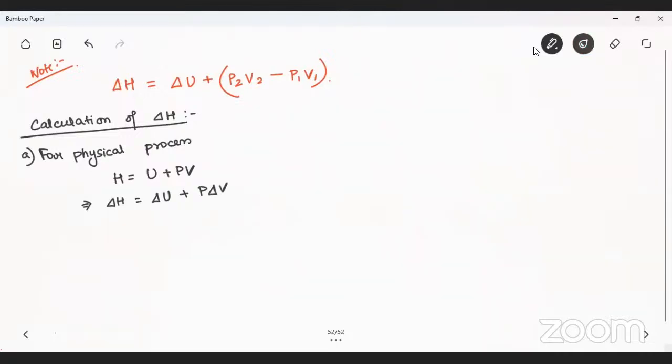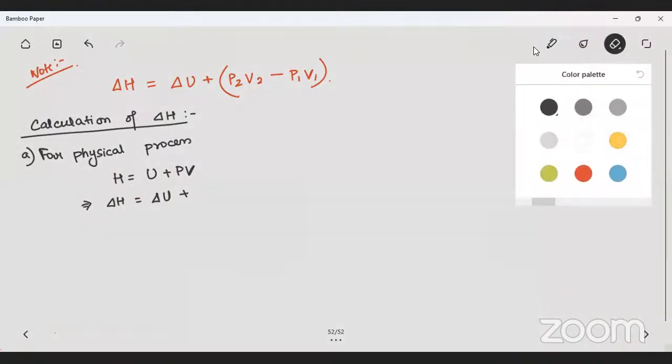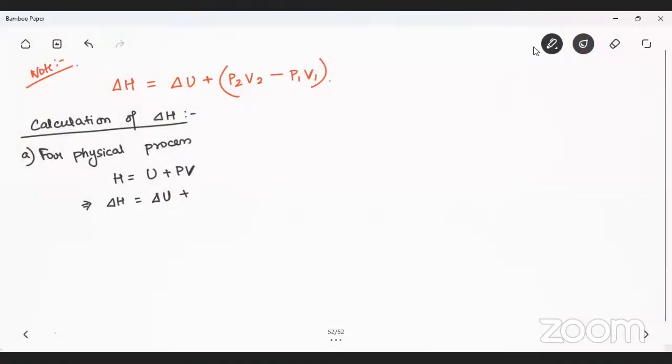Or you can also write delta PV. You can ask me, ma'am, doesn't the pressure change? Yes, the pressure can change, so delta PV. For ideal gas, this is the basic formula which you will be using in maximum cases.